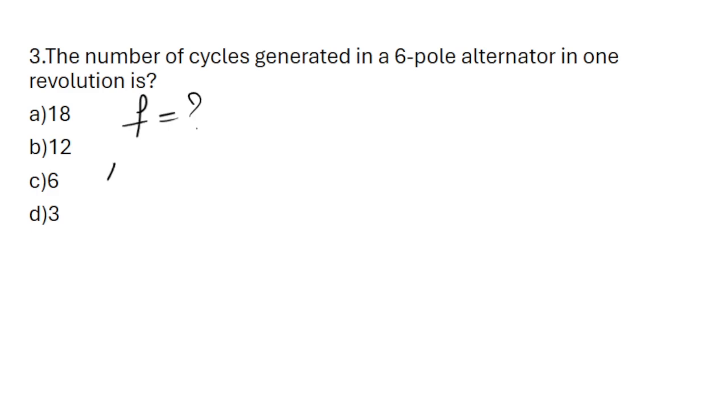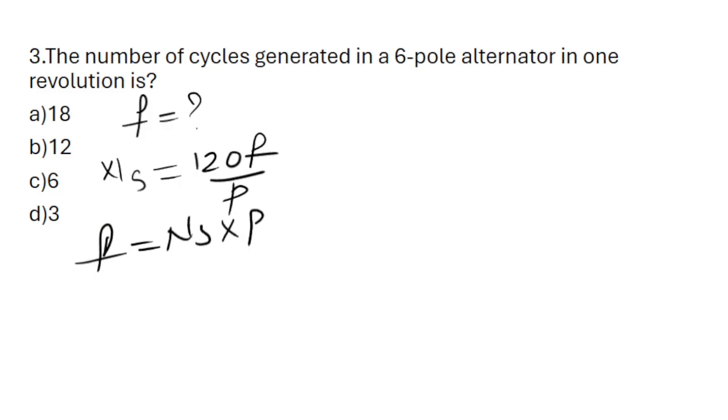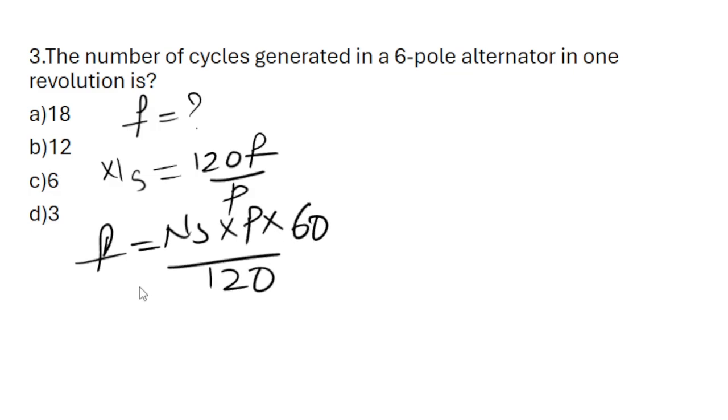Ns is equal to 120 f by P. We know that f is equal to Ns P by 120. Ns expression is in rpm. To convert rpm into rps, we need to multiply by 60 in this formula. Ns value is not given, so we should take Ns is equal to 1.